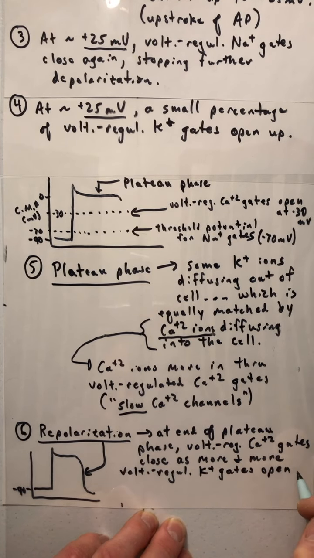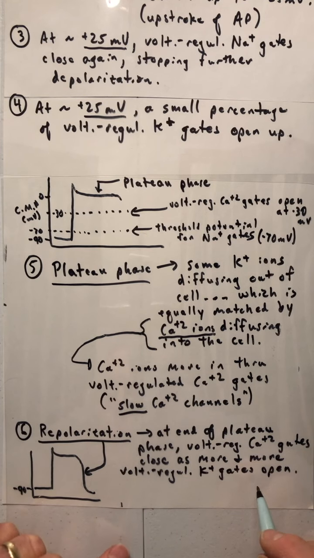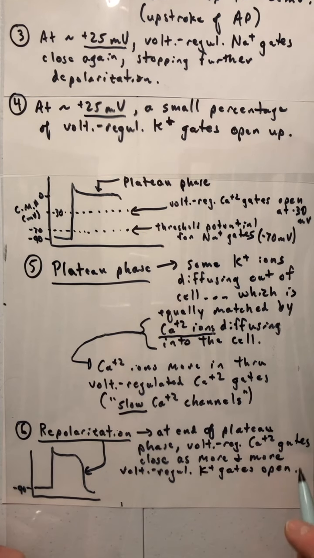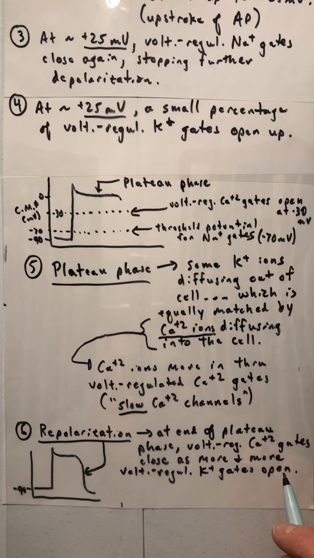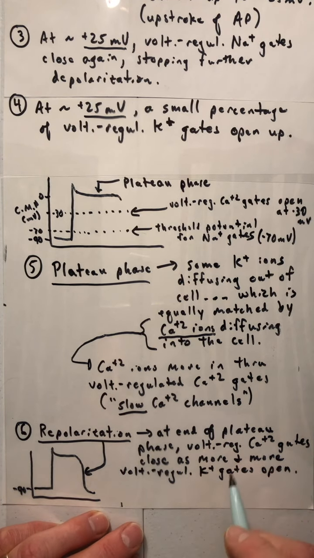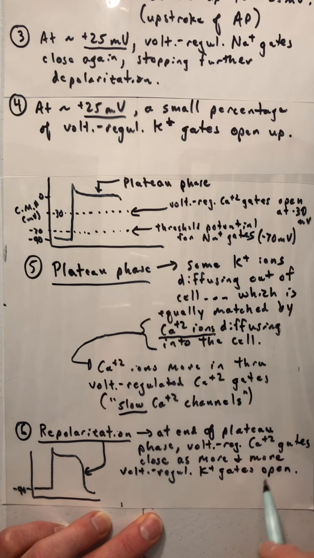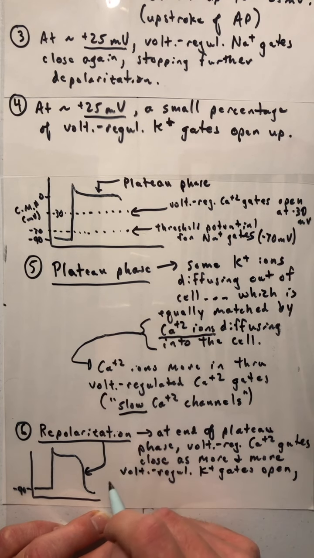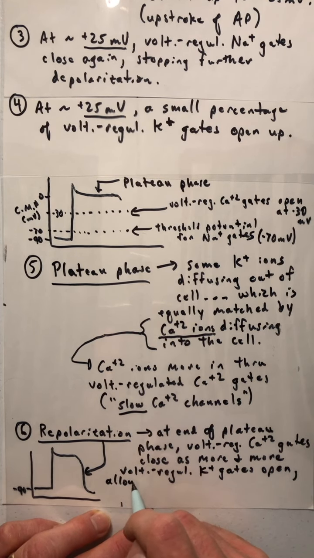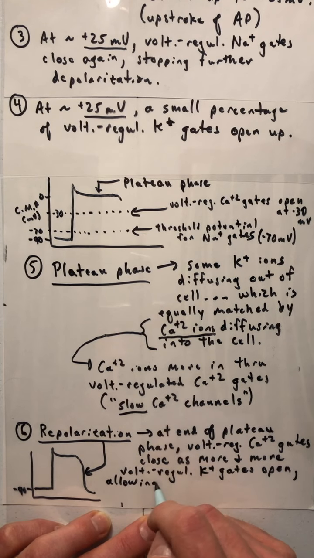So now the cell membrane is becoming essentially just permeable to potassium. So what does it do? The cell membrane potential strives to reach potassium's equilibrium point, which we know is minus 94. And so at the end of the plateau, voltage-regulated calcium gates close as more and more voltage-regulated potassium gates open, allowing more potassium to diffuse out of the cell.